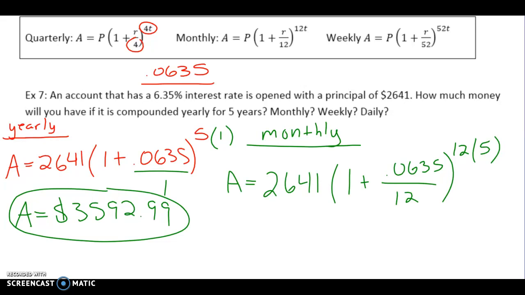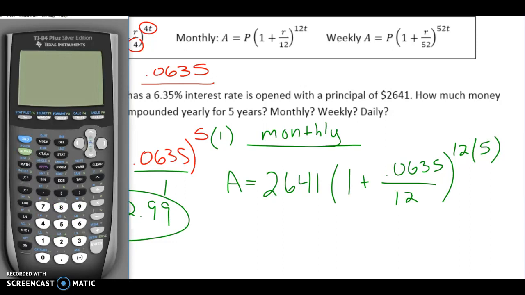Now this looks a little bit harder, but please do this with me because I'm going to show you a really easy way to type this in your calculator. Okay, follow along with me every single step. Here we go. Hit 2, 6, 4, 1. You with me? Parentheses. 1 plus. Now, hit alpha y equals enter.